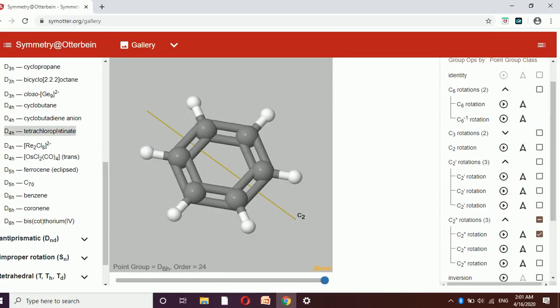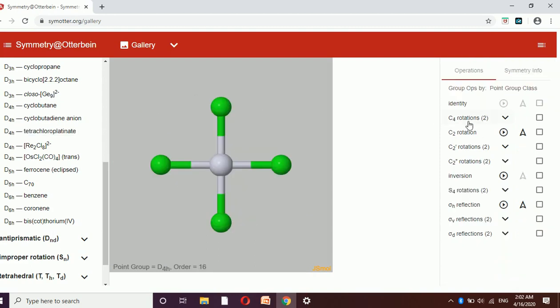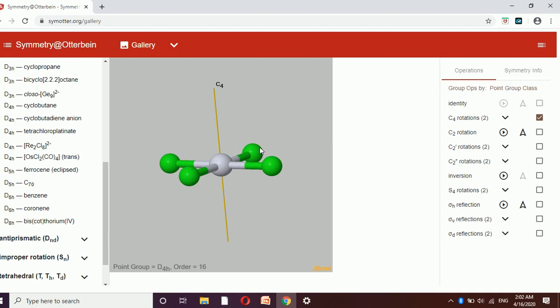Yeah, you can have a C4 axis which can be represented like this, because on a 90-degree rotation you get an indistinguishable image when you rotate the molecule through this axis. So 360 by 90 equals 4. So this is a C4. If you rotate it once more, it will come to this position, that is actually equal to a 180-degree rotation. So C4 twice is equal to a C2.